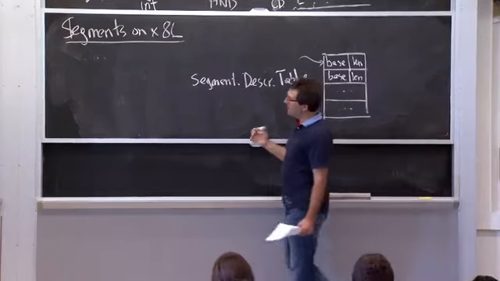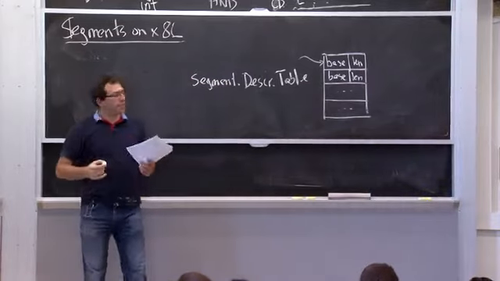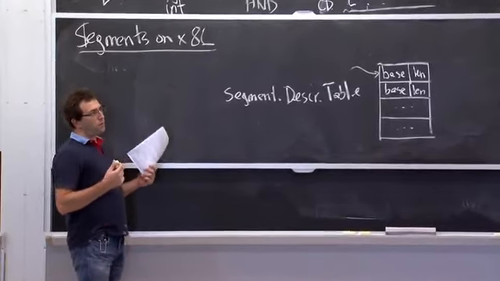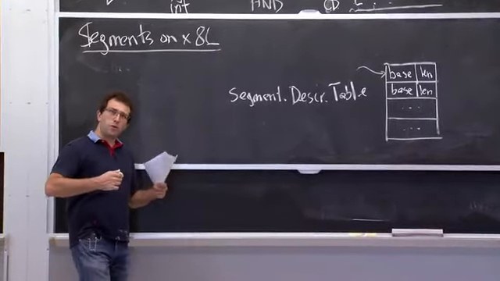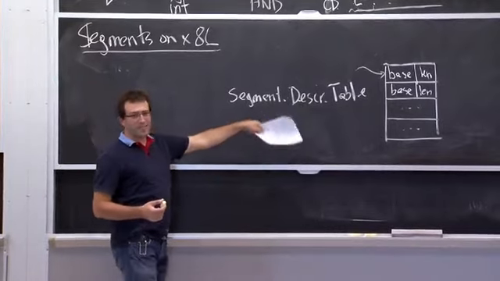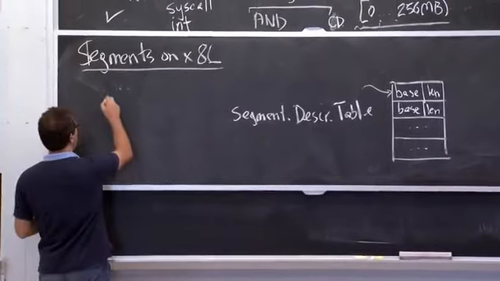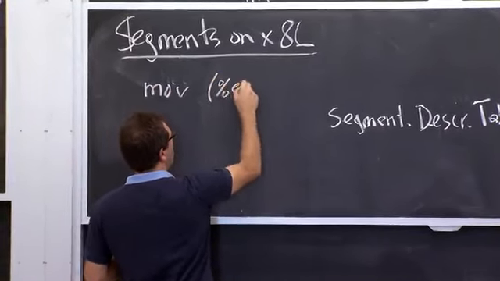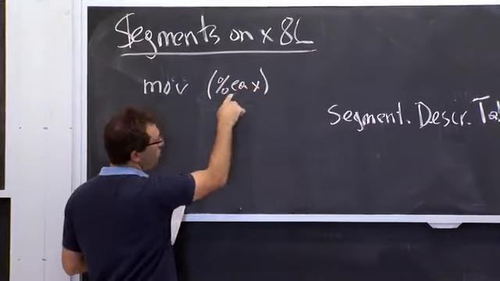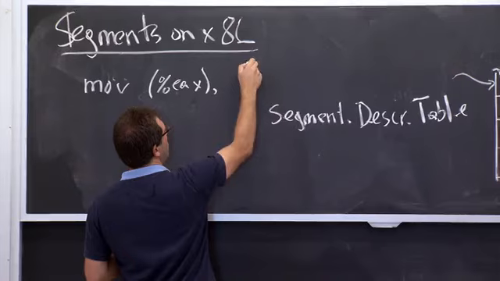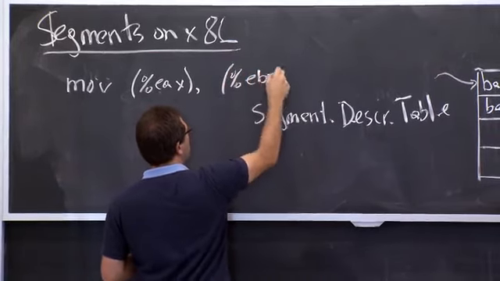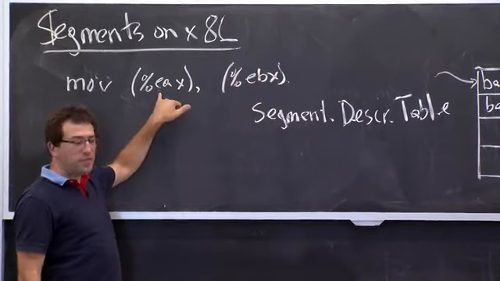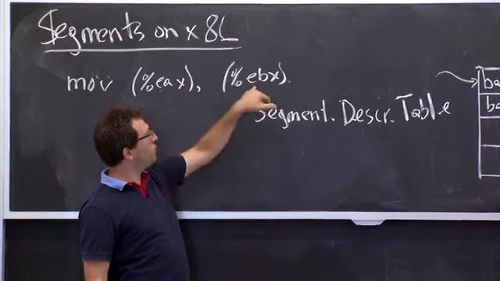And the way that this actually helps us to enforce memory bounds is that on x86, every single instruction, in one way or another, whenever it's talking about memory, actually talks about memory with respect to a particular segment in this table. So for example, when you do something like move a memory value from a pointer stored in the EAX register into another pointer stored in the EBX register, what you would sort of think it does is it figures out what's this address, loads memory at this address, and then figures out what's this address, and stores the value there.